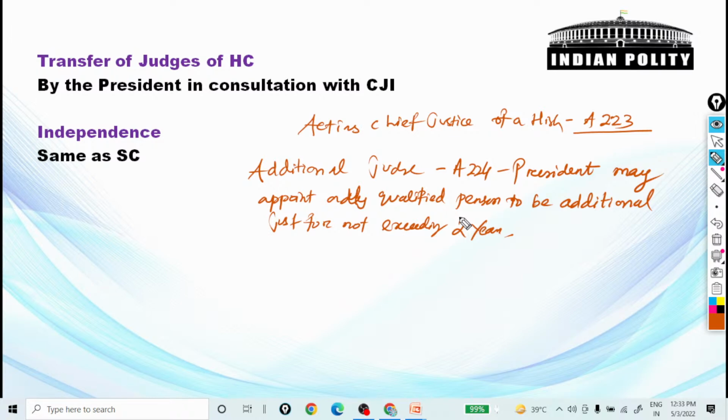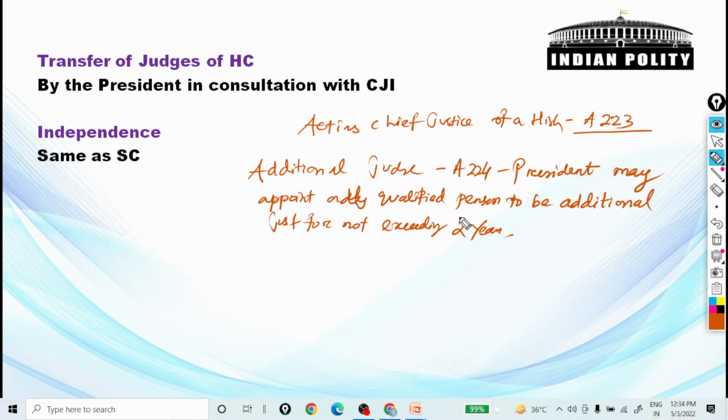Additional judges are appointed to release the backlog, or to relieve the burden when there is a requirement of certain judges for a particular case.